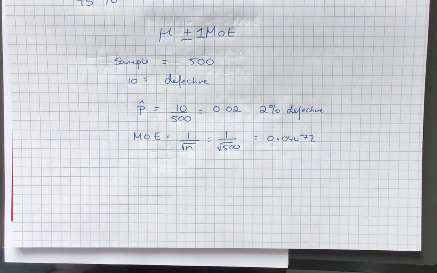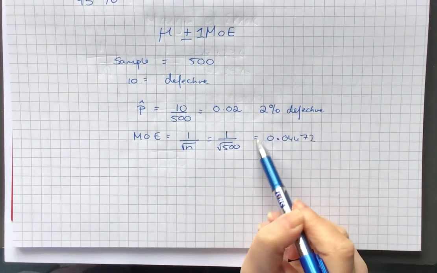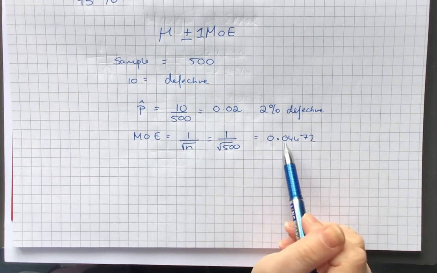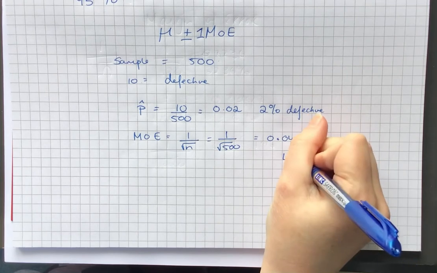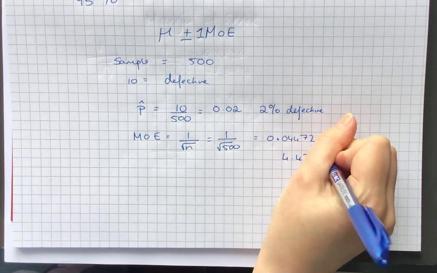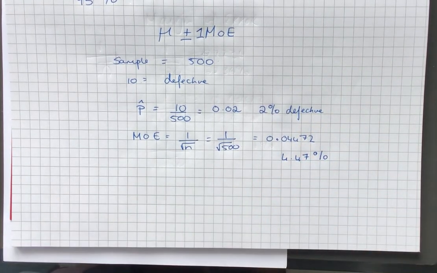So you would expect to have a margin of error of 0.04472, which is 4.47%. I'm just going to round to 2 decimal places. So there is a chance that your data will be wrong by plus or minus 4.47.